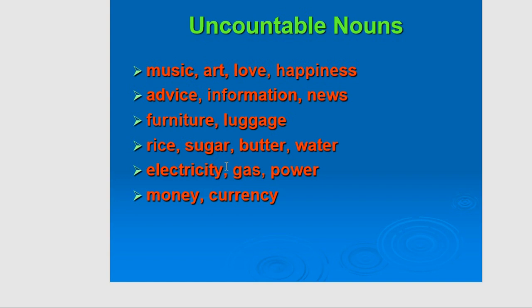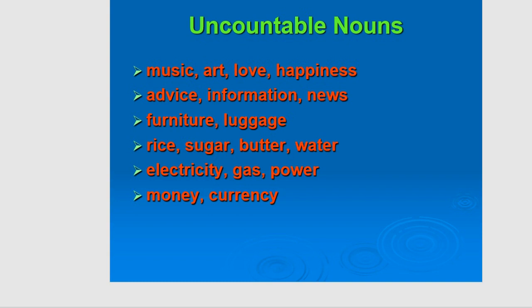Gas is one, power is one. Money, all over the world, money is money. No one changed the way it looks, whether it's coins or papers, it's still money. Currency is also uncountable. Furniture, water, butter, sugar, rice, news, information, advice.